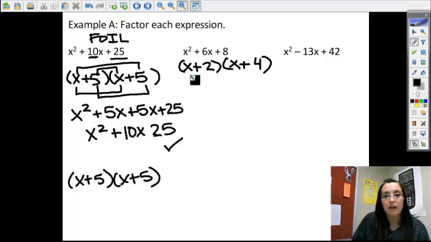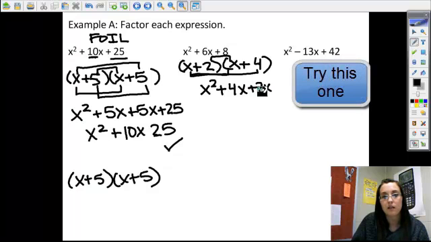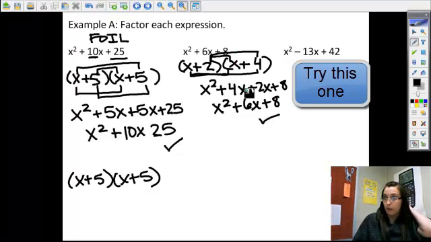That means when I FOIL, I'm going to take first times first, so that's x squared, plus x times 4, that's my outer, 4x. When I do inner, I get 2x. And when I do last, I get 8. And simplifying, that would be x squared plus 6x plus 8. And yes, that does give me back the trinomial where I started.